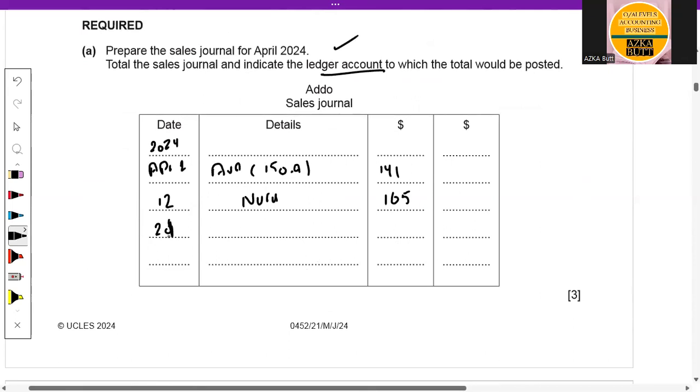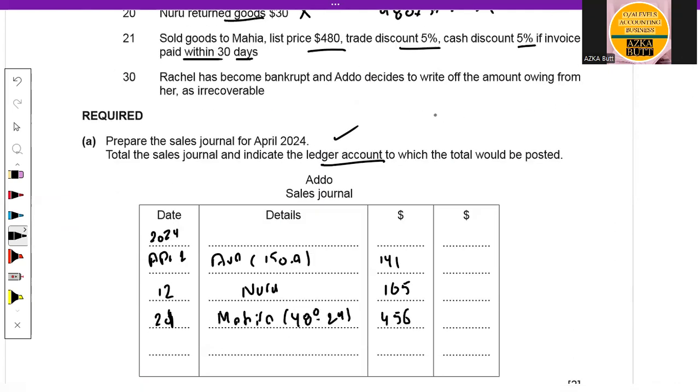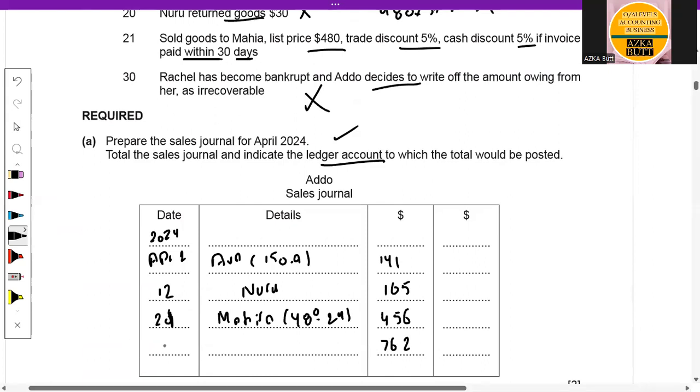We sold goods to Mahira, 480 minus 24, so we have 456. Okay, so I think there's nothing else. Rachel became bankrupt. So this is not related to the sales journal. So we have to add these, which would give you 762, and on 30 April we will be transferring to the sales account.